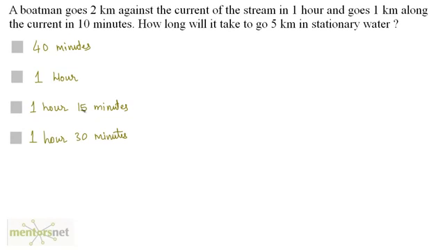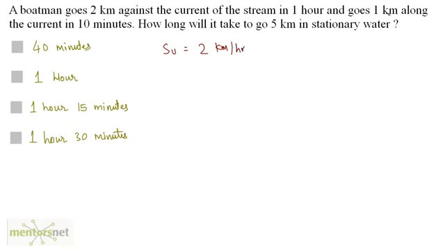A boatman goes 2 kilometers against the current of the stream in 1 hour and goes 1 kilometer along the current in 10 minutes. How long will it take to go 5 kilometers in stationary water? So he goes 2 kilometers against the current in 1 hour. So the upstream speed is equal to 2 kilometers by 1 hour, that's 2 kilometers per hour.